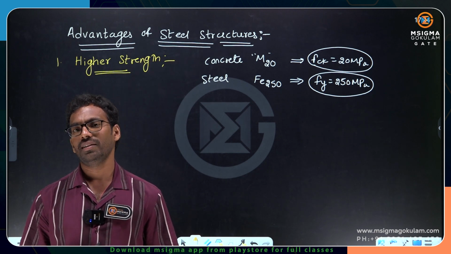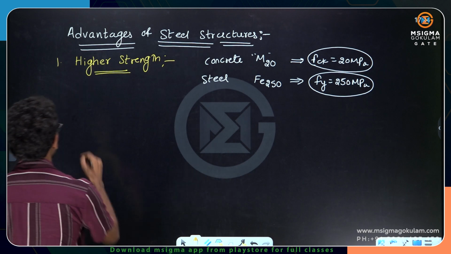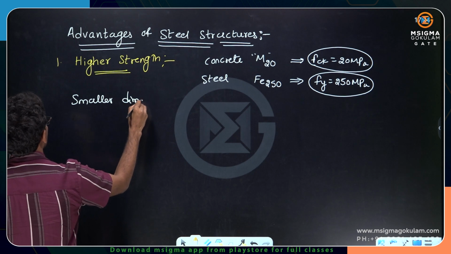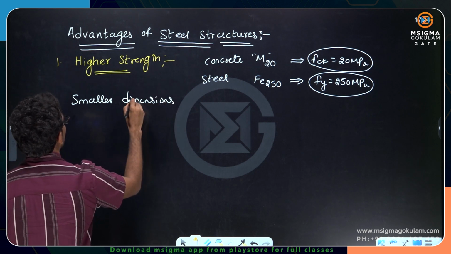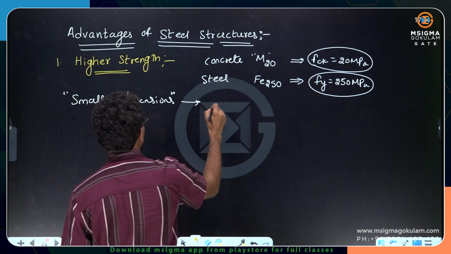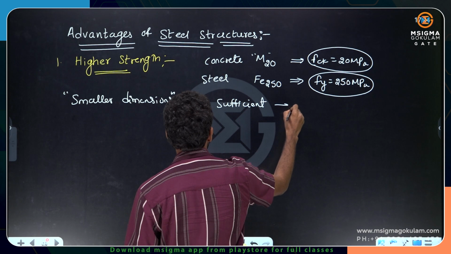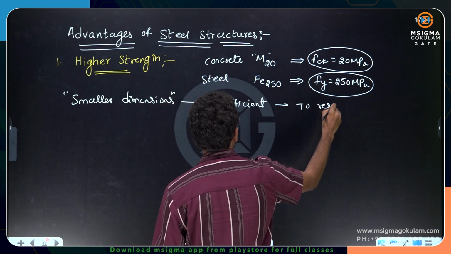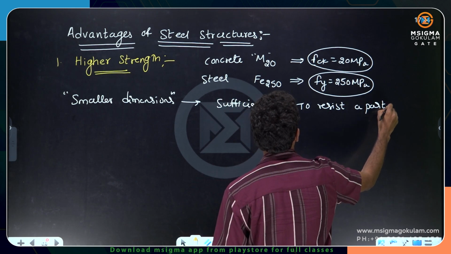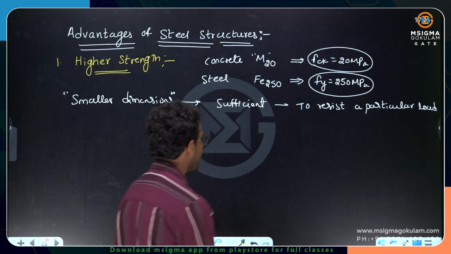So a high strength material requires smaller dimensions in order to resist a particular load. So smaller dimensions are sufficient to resist a particular load.